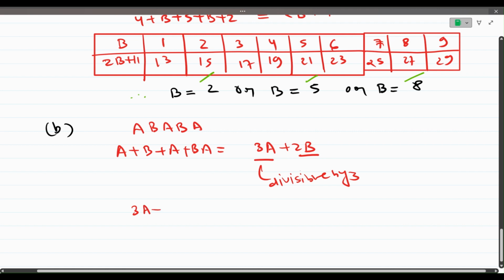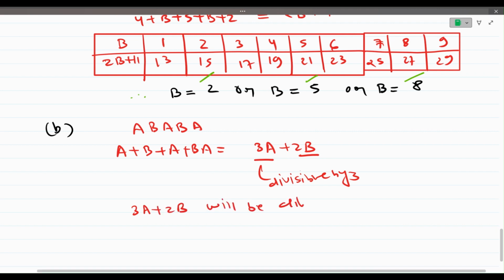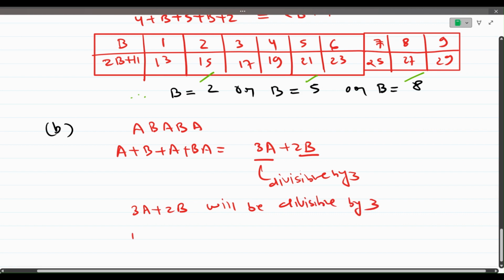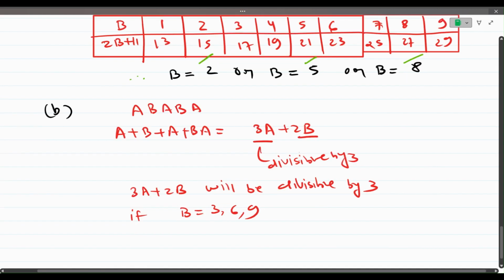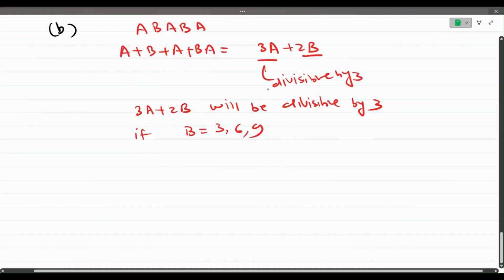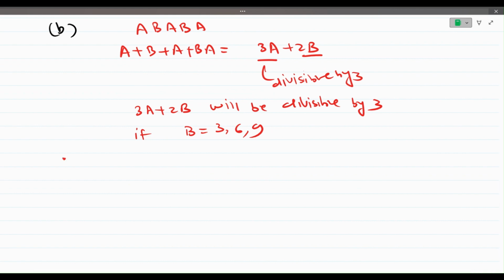So 3a plus 2b will be divisible by 3 if b is 3, 6, or 9, and therefore, because in the question it is given that it is not divisible by 3, we have possible values of b.